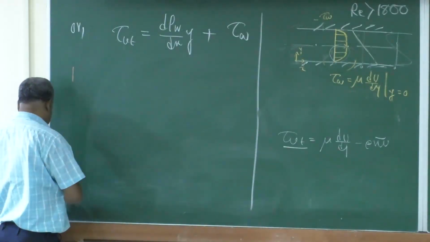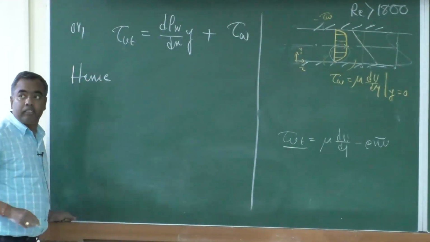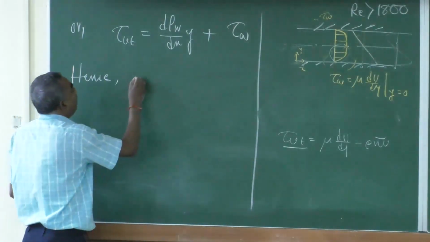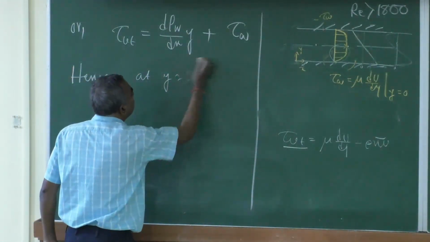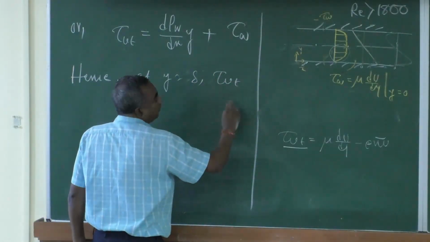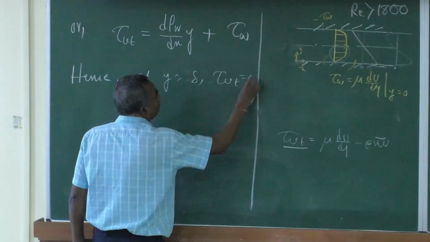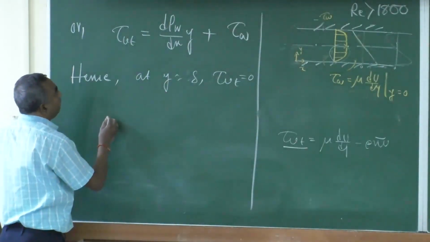Hence, at y equal to delta, tau_Vt from this argument is equal to 0. From this equation, then what do we get?